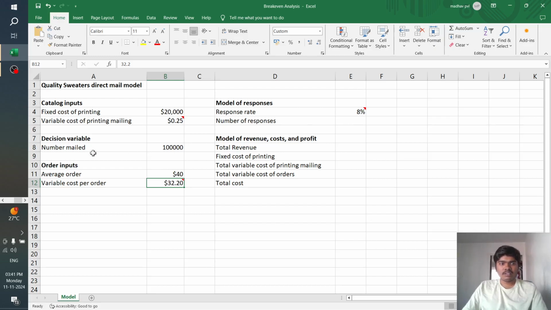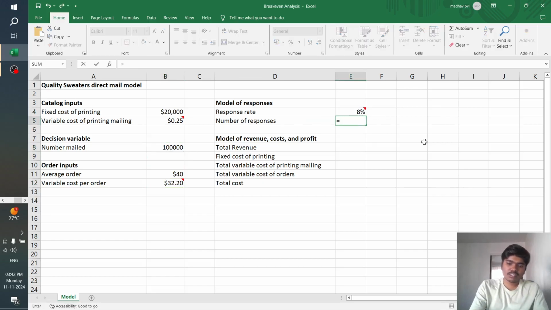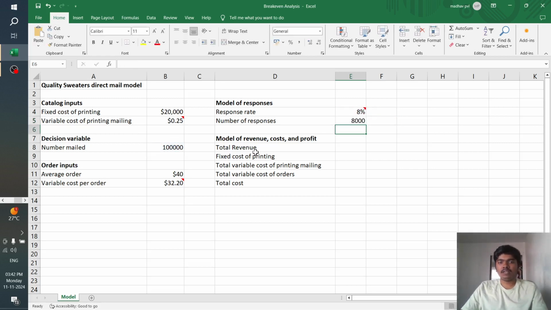The number of responses is the number mailed multiplied by the response rate, because out of that many, 8% responded. So we multiply this by this, and we got 8,000 responses from sending these mails, and they were ordering an average of $40.